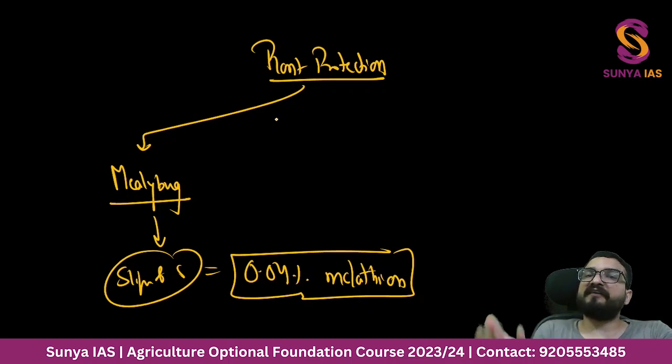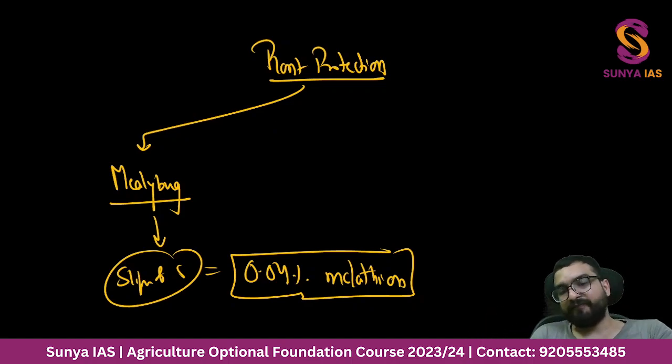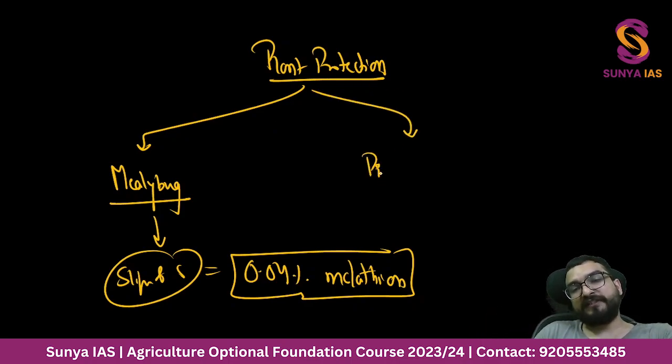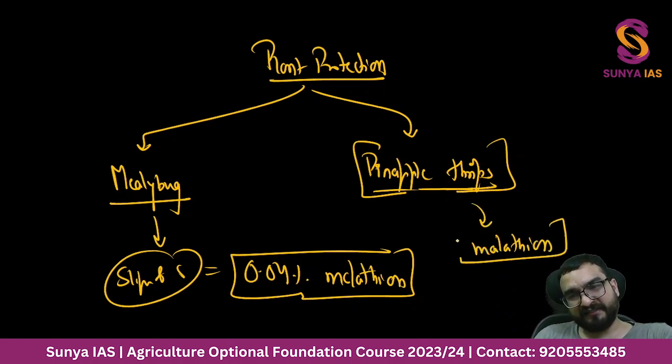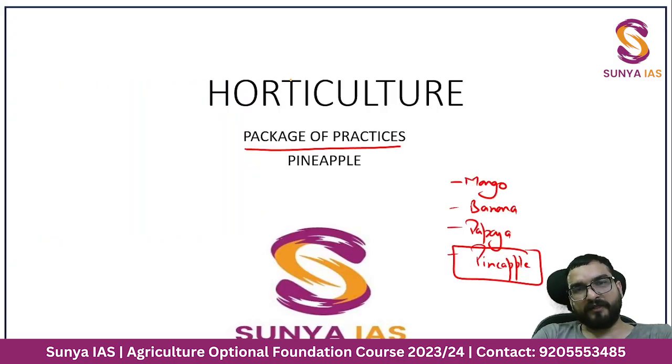Then you will understand pesticides, right? One more over here, you will see pineapple thrips. Just check them out, guys, on Google Images. Pineapple thrips damage the leaves of the pineapple, right? Again, you spray malathion on it. Malathion is a very common pesticide, guys.